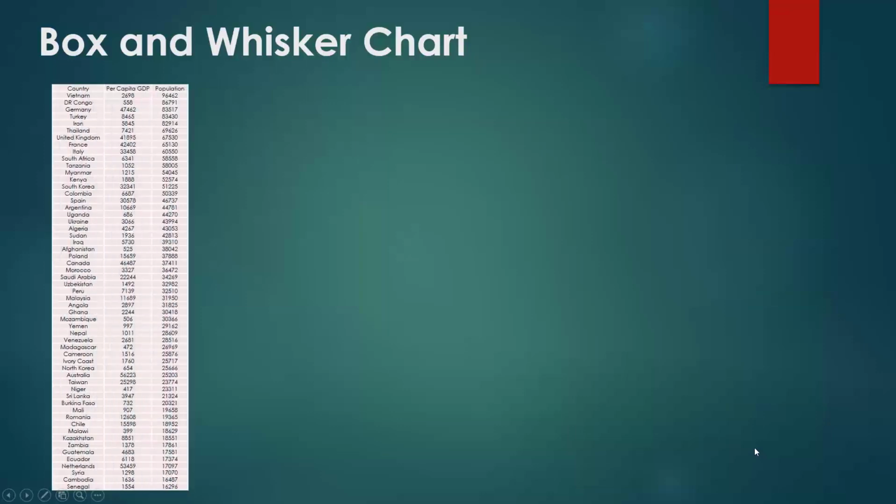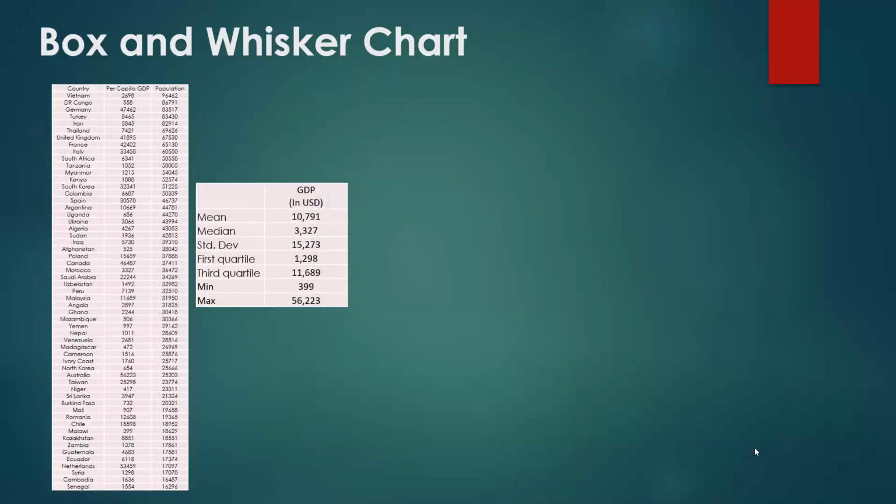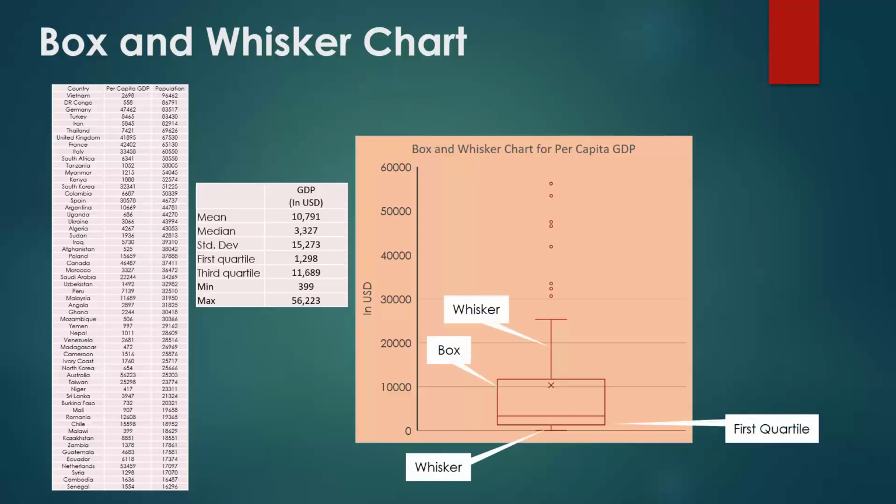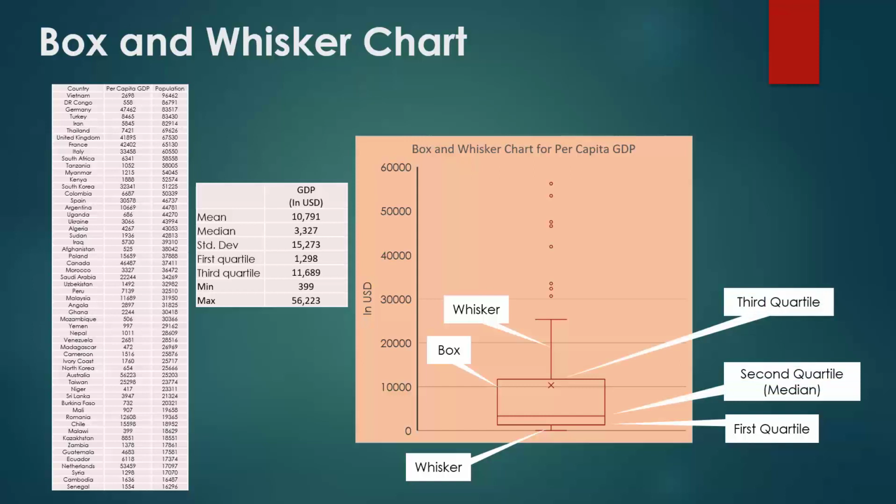All right, same data. This time we will do a box and whisker chart for the per capita GDP column. I have the mean, median, standard deviation, etc. for this column. This is how the box and whisker chart looks for this data. There's a box, there's a whisker, the first quartile, third quartile, second quartile or median, and the mean.